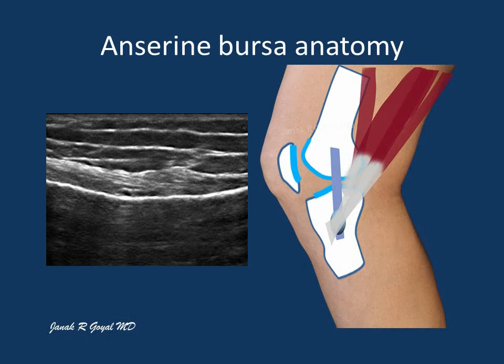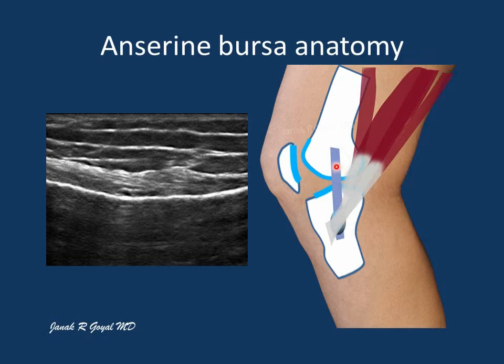The pes anserine tendon is a common attachment to the medial surface of the tibia for the tendons of sartorius, gracilis, and semitendinosus. Pes anserine bursa lies deep to the pes anserine tendon, between the pes anserine tendon and medial collateral ligament.